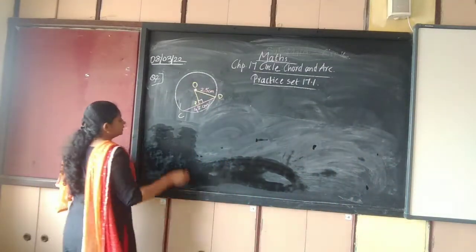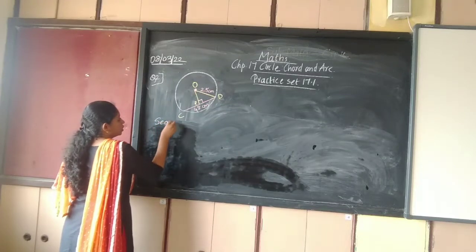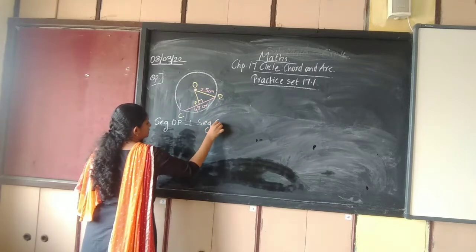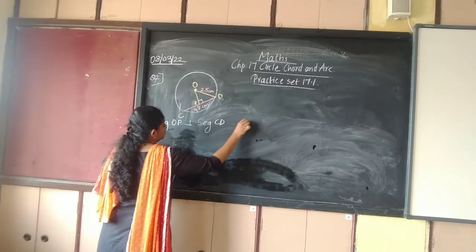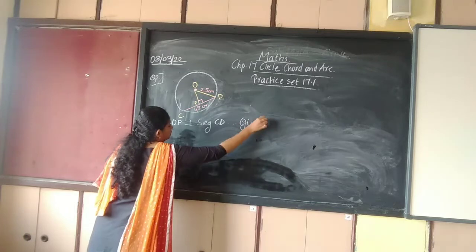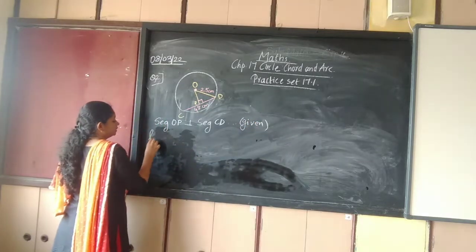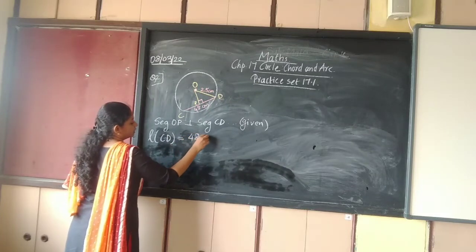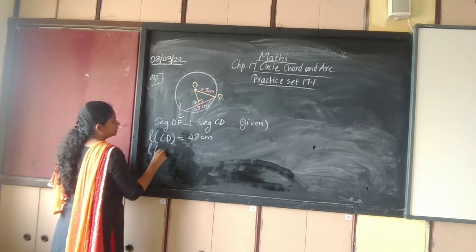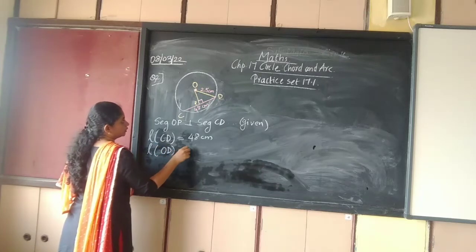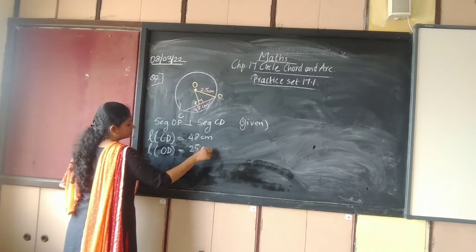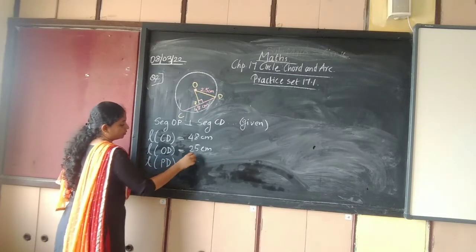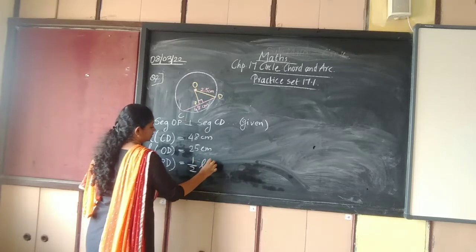First you are going to write: segment OP is perpendicular to segment CD. This is given in the figure. Then length CD is equal to 48 centimeter. Length OD is equal to 25 centimeter. Length PD, we need it for the Pythagoras theorem, is equal to half of length CD.